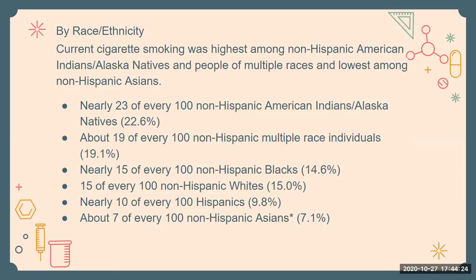Nearly 15 of every 100 non-Hispanic Blacks, 14.6%. 15 of every 100 non-Hispanic whites, 15%. Nearly 10 of every 100 Hispanics, 9.8%. About 7 of every 100 non-Hispanic Asians, 7.1%. Next slide, please.